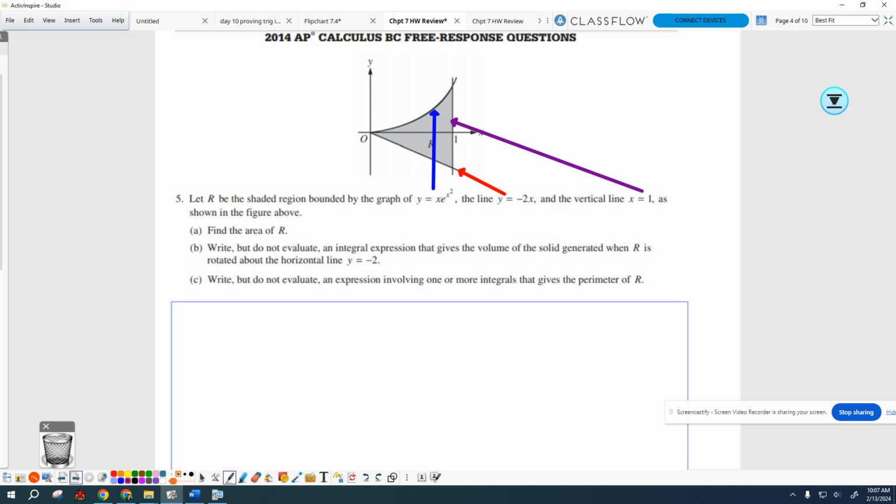Are you guys okay with rotating around y stuff and x stuff, knowing if it makes a solid versus a hole? And understanding when it says things like, the shape is coming up out of the xy plane and they are semicircles. Find the area, the volume, I should say, of that shape. Do things like that?